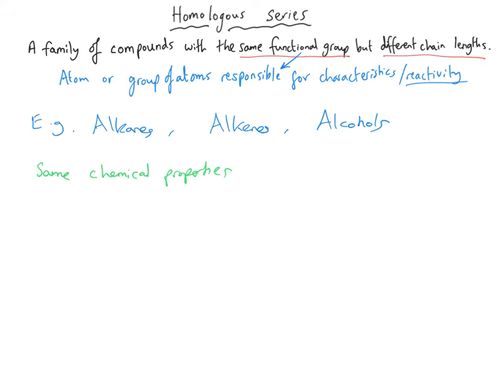Not only do they have the same chemical properties, they also have the same general formula. And I'll explain what the general formula is in more detail for each particular homologous series, each particular family. But for instance, for the alkene, the general formula is CnH2n.